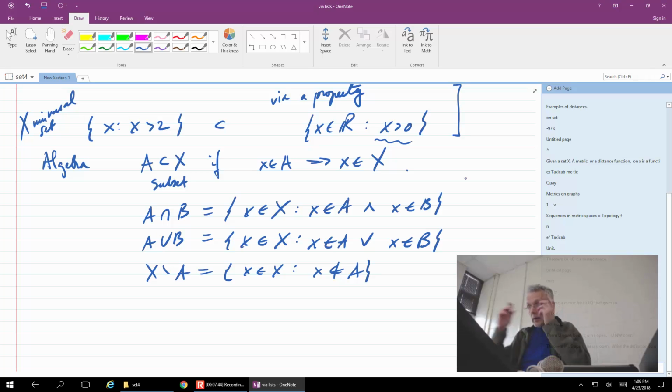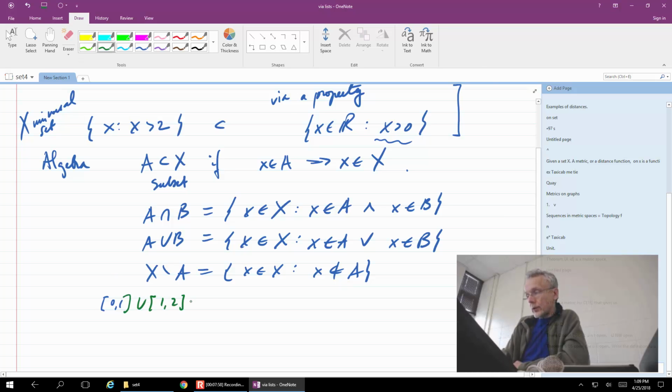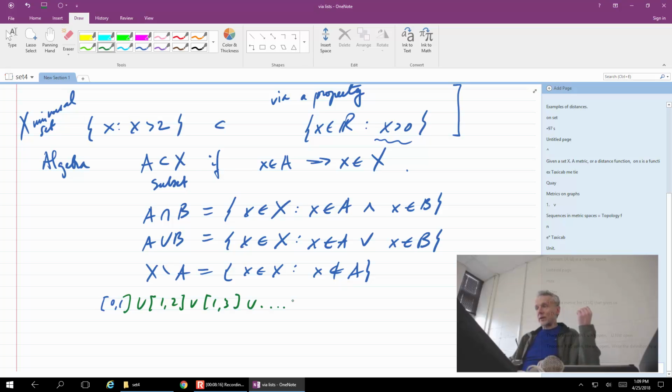Specifically, for example, is it possible to take the union of, say, [0,1], union [1,2], union [2,3], union [3,4], and so on? Can we make sense of such a union of infinitely many terms? This cannot be carried out by consecutive operations. So can we make sense of this?